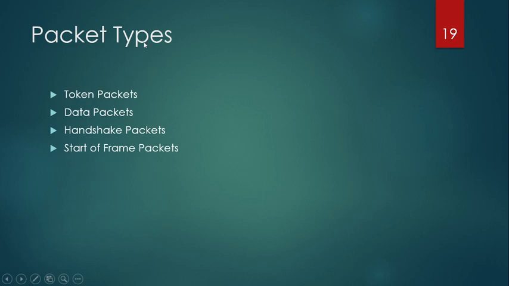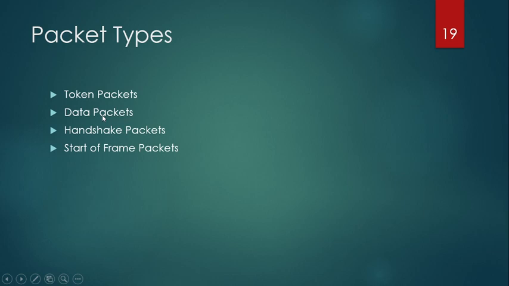Now there can be different types of packets. Depending upon the value of the packet identifier, there are different types of packets: token, data, handshake, and start of frame packets. The token packet indicates the type of transaction that is to follow, that is, what is going to occur between the host and the device.